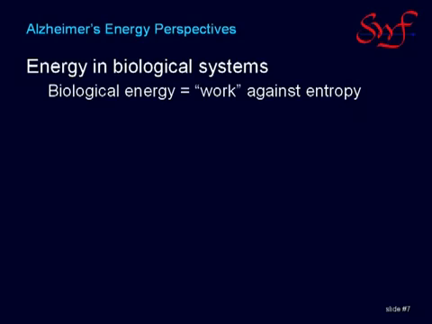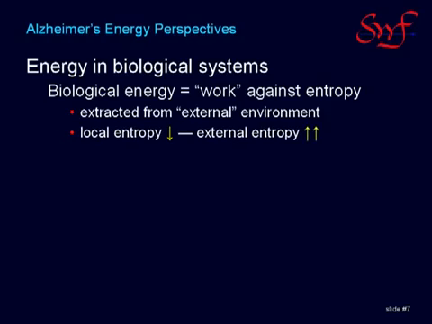Biological systems accomplish this feat by extracting energy from their external environments and using that energy to stabilize their internal environment. So, order, or anti-entropy within an organism, is obtained at the expense of much greater disorder or entropy in the external environment.